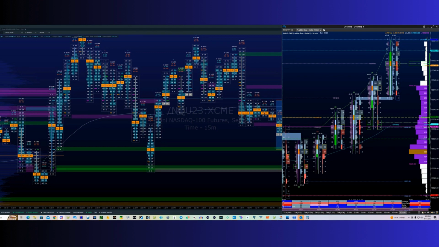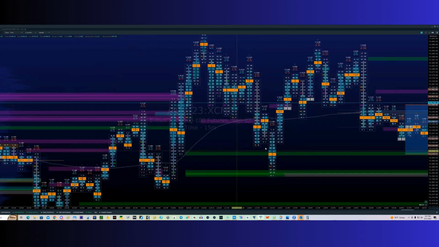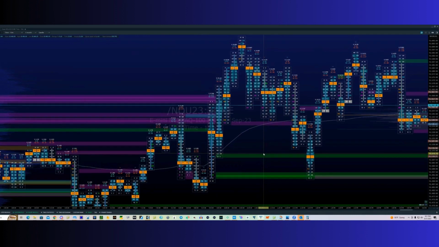The way that I would like to do it, let's say we were looking at, we're going to use this bounce here, for example. Let's say that I'm seeing all this movement down, and I'm looking for price to catch a bid at some point, right?